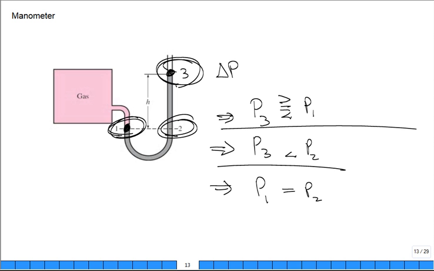So P1 minus P3 is a delta P that I want to calculate, and it's a positive quantity. True? Is that true or not? All right. So what is it equal to? Is it equal to P1 minus P2?